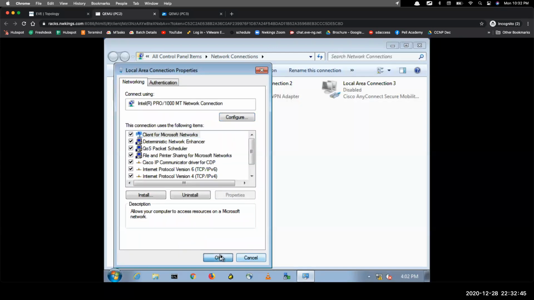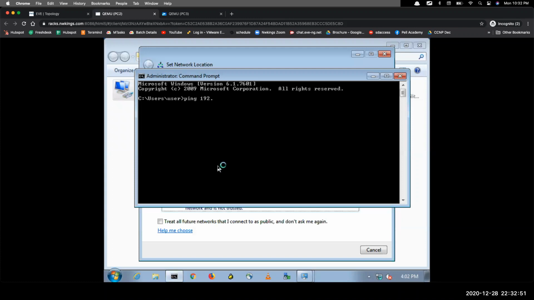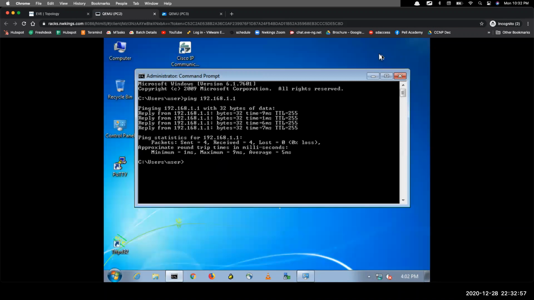Once I assign this IP, what is the best thing? Just ping 192.168.1.1. So you can see a ping from the router now. So you are pinging your gateway. This IP I have given to my gateway.